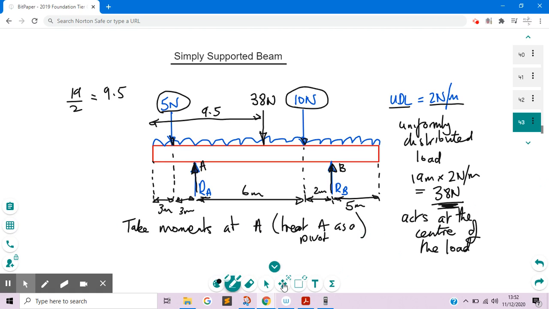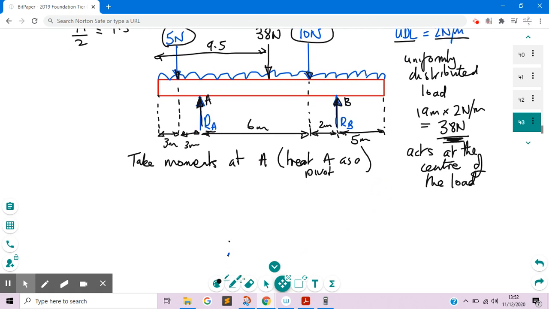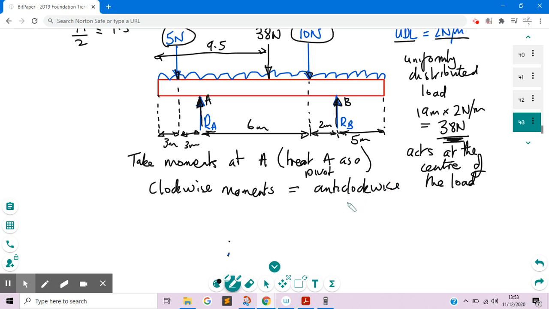And if we do that, then what happens is the turning moments at A, if it's in a state of equilibrium, i.e. if it's not turning, the clockwise moments should equal the anti-clockwise moments.